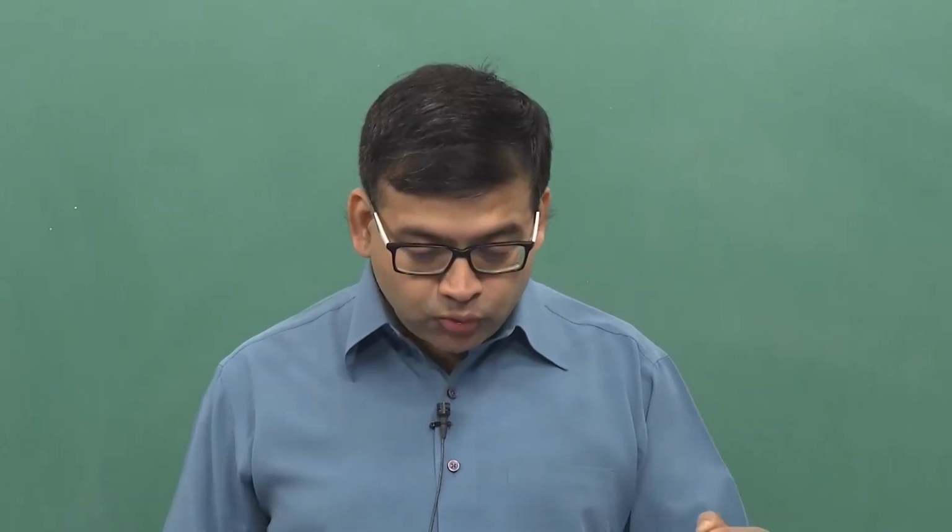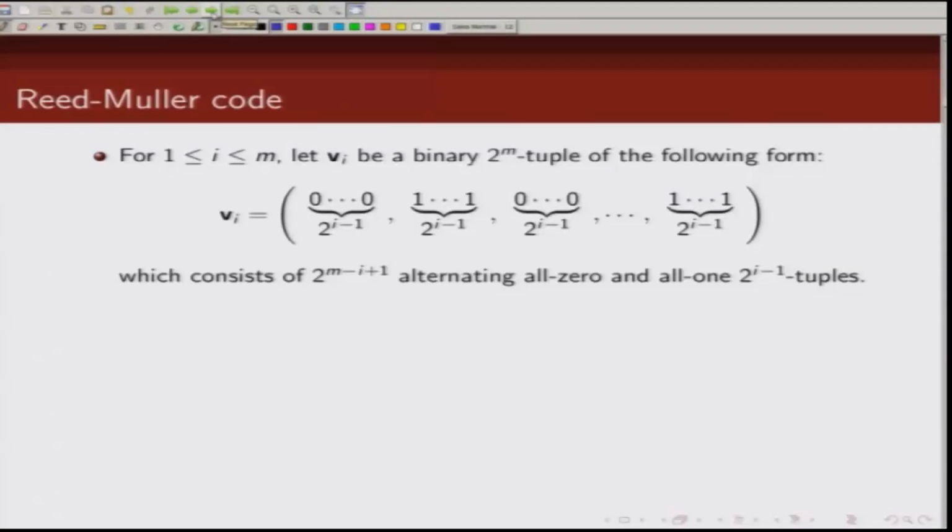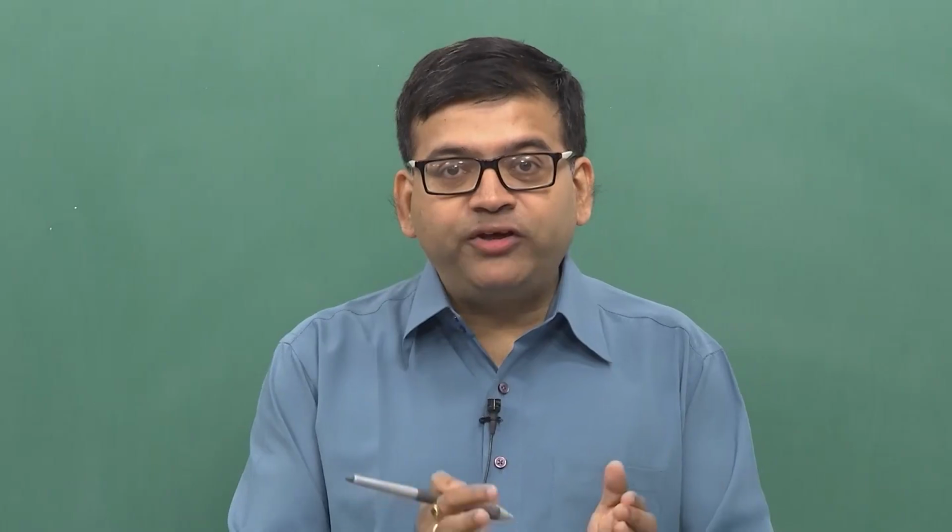Now, how do we construct a Reed-Muller code? To do that, let us define a binary m tuple, let us call it Vi, for i going from 1 to m, in this particular fashion. There are alternating runs of zeros and ones.